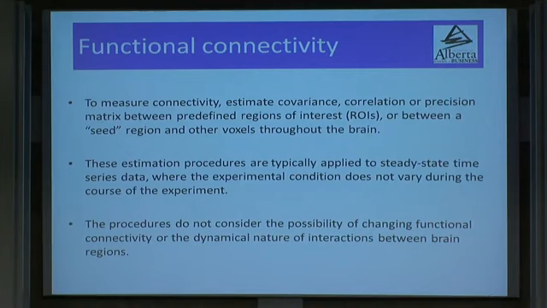Okay? So once we estimate a covariance correlation for each of the voxels, these are typically applied to steady state time series data. Okay, so where the experimental condition is not changing over time. They do not consider the possibilities of changing functional connectivity or the dynamical nature of interactions between the brain regions.